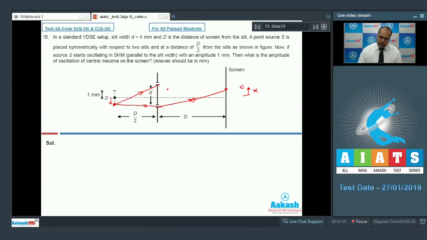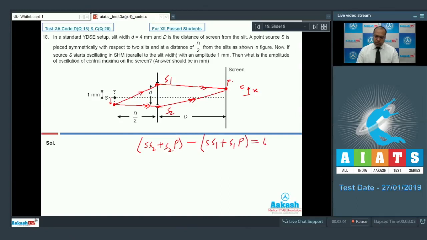the waves are reaching in this direction and they superimpose at this point. So suppose this is S1 slit and this slit is S2 and this point is P. So the path difference must be 0 if this is the point of central maxima. So I can say that SS2 plus S2P minus SS1 plus S1P must be equal to 0.